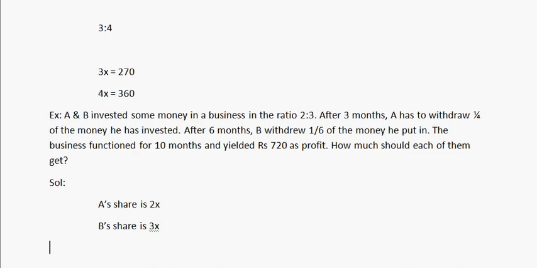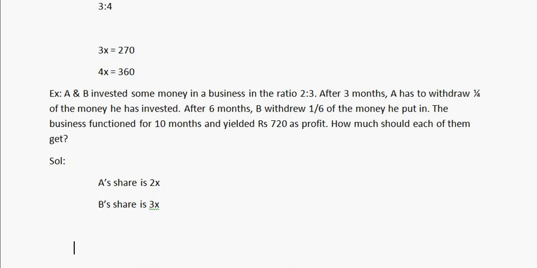But this 2x was invested in the business for 3 months, right? So 2x was invested and it worked for 3 months. And the rest of the money, which is 3/4 of 2x, would be 3x by 2.